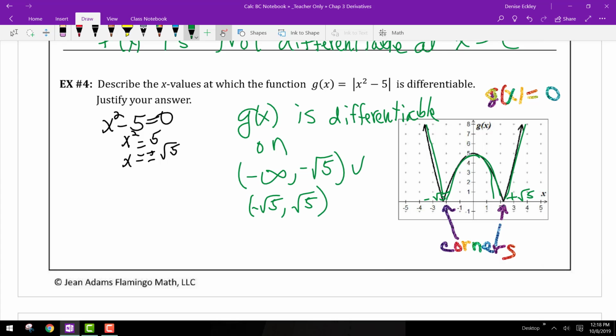So we've come around the rounded part, then we have to go beyond that. Union square root of 5 to infinity. And that's how you would describe that. So I'm going to stop here, and in the next video, I'm going to do some more examples.